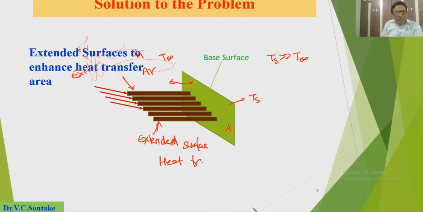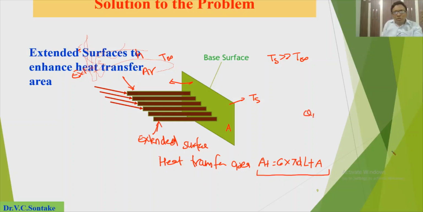So if I want to calculate now the heat transfer area, it will be the summation of the geometrical area of the base surface and, let's say these extended surfaces are in the form of cylinders and they are 6 in number, so 6 into pi d l. So this will be the total surface area available for heat transfer.